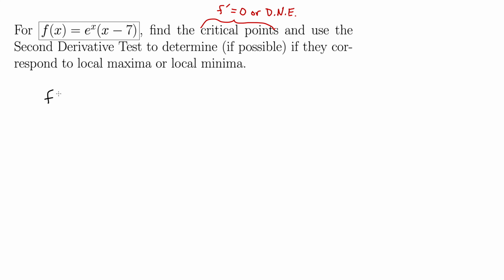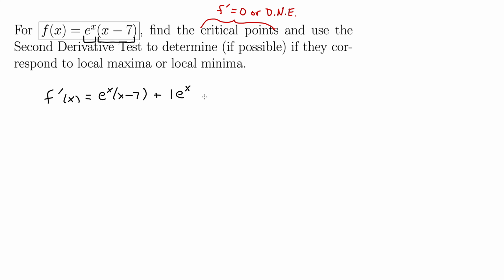We have f prime of x. We have a product here, e to the x times x minus 7. So we'll use the product rule, a prime b plus b prime a. So a prime b is e to the x times x minus 7, plus b prime a. The derivative of x minus 7 is 1, times a, which is e to the x. Okay, and this is what we want to look at.